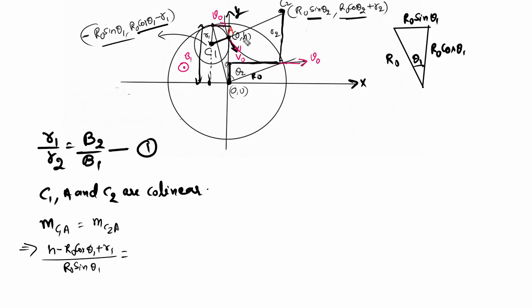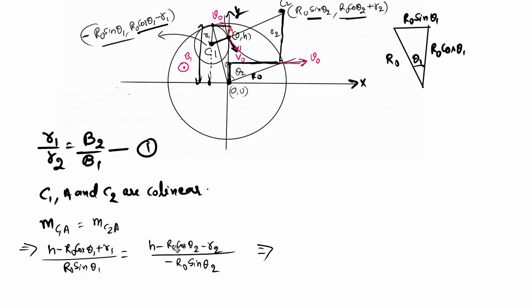We can similarly find: H minus its y coordinate, that is R0 cos theta 2 minus R2, over 0 minus R0 sine theta 2. Correct? This we will get. This relation is a very important relation, going to play a very important role.